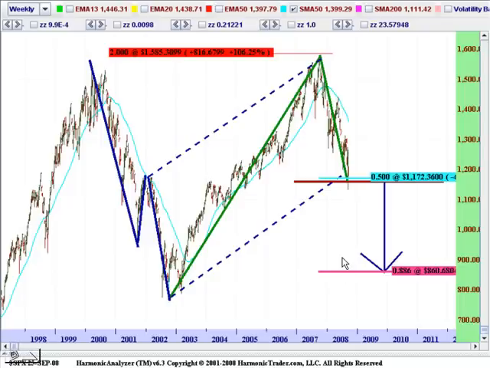This is a principle that I cover in Harmonic Trading, the Financial Markets Volume 2. But for right now, from a general sense, that's how I was looking at it.